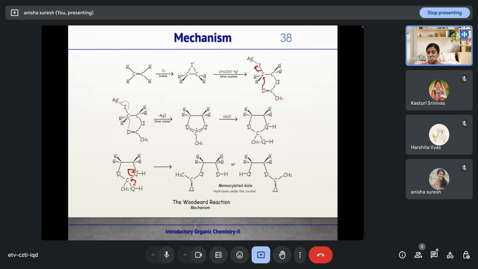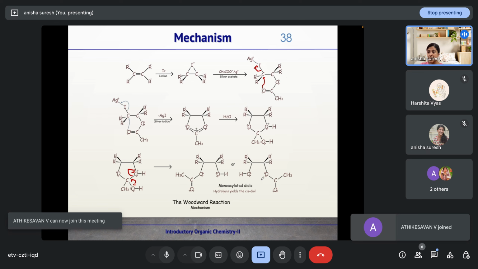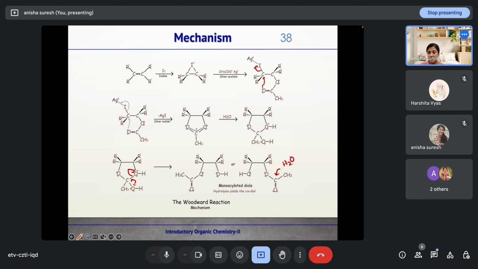Both of these are coming in cis fashion, and it is leading to formation of this cis diol. Here it will again undergo hydrolysis. H2O I will write, then it will be more clear.